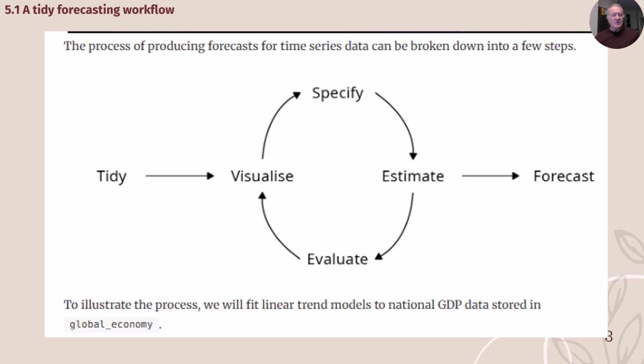And then we'll want to visualize the data. And after we look at the data, we can decide what would be a good model to use. Then we'll go ahead and estimate and evaluate our model, and then maybe go back and make some adjustments to the model, and then produce a forecast.